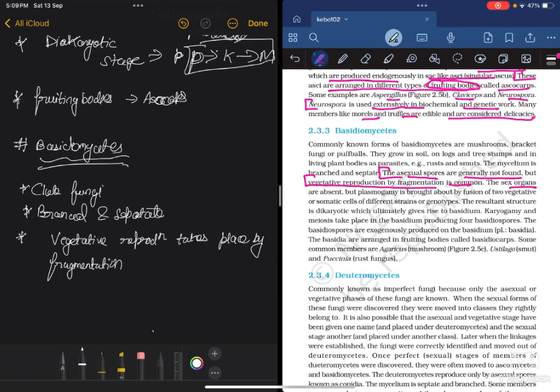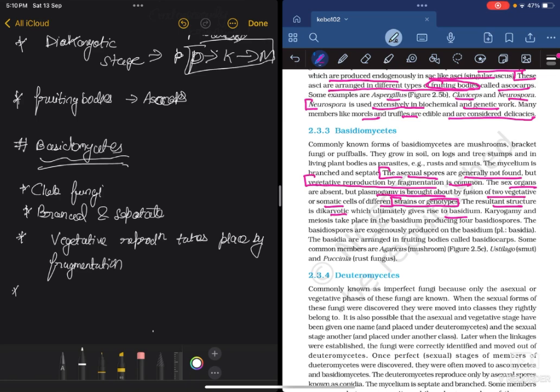The sex organs are absent, but plasmogamy is brought about by fusion of two vegetative or somatic cells of different strains and genotypes. The resultant structure is dikaryotic, which ultimately gives rise to the basidium.